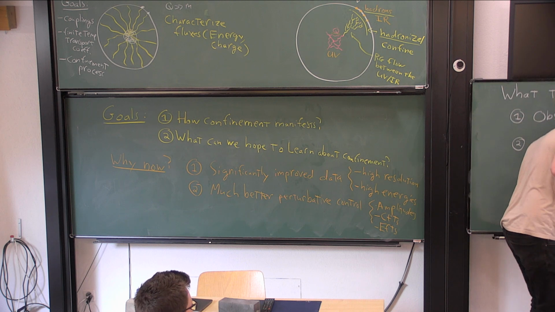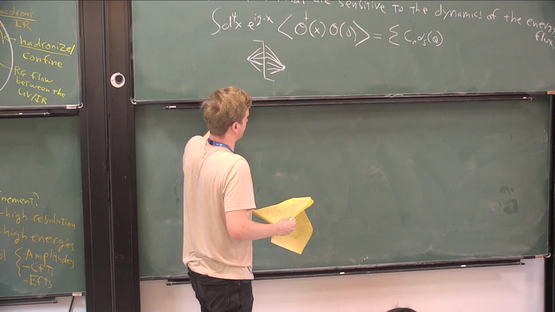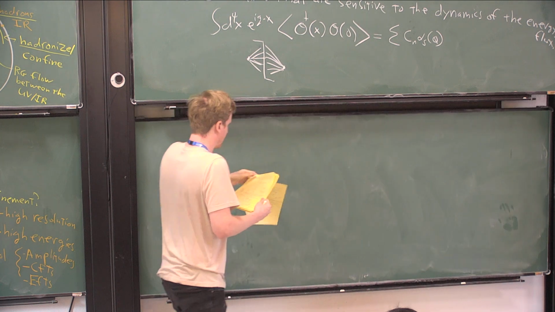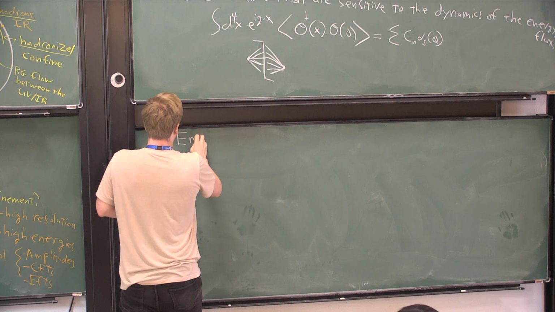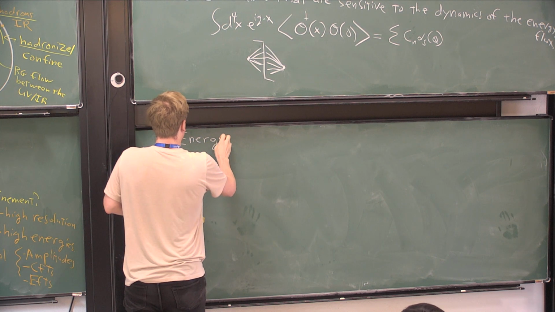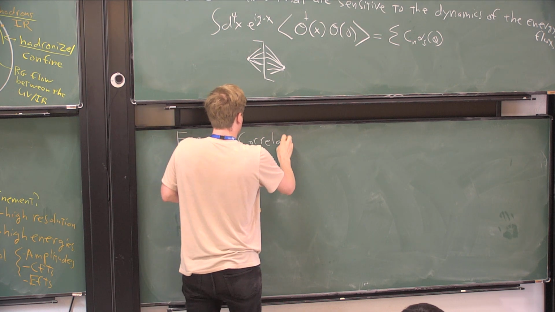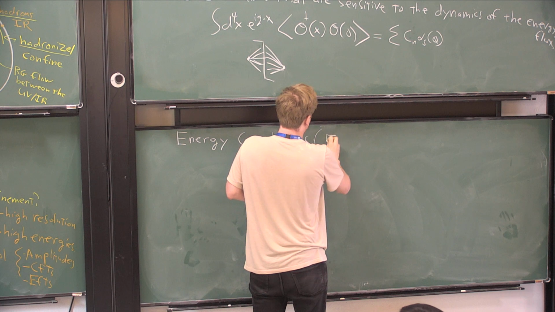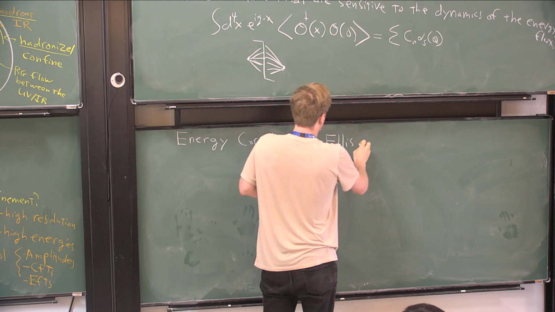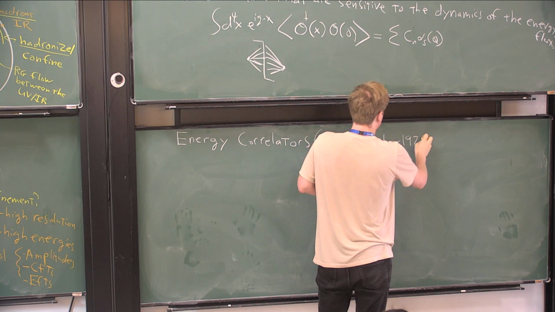And so the way that this was done, or a nice proposal for doing this, which dates back quite some time now, is what are referred to as energy correlators. This was proposed by Ellis and collaborators in the late 1970s.